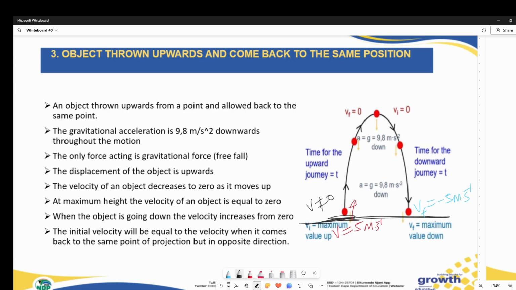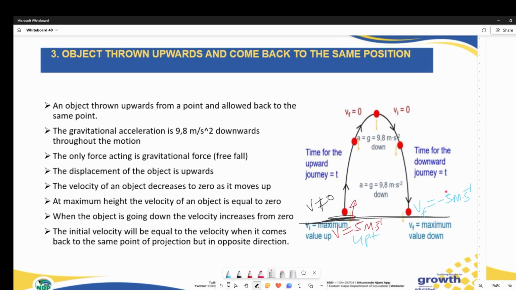That means in this scenario up is taken as positive, because the initial velocity, when the object was moving upwards, was positive. But once it moves downwards, the velocity is negative. So once the object is thrown and goes back to the position it was thrown from, the velocities are equal but in the opposite direction, because the motion before was upward and the motion after is downwards, okay?